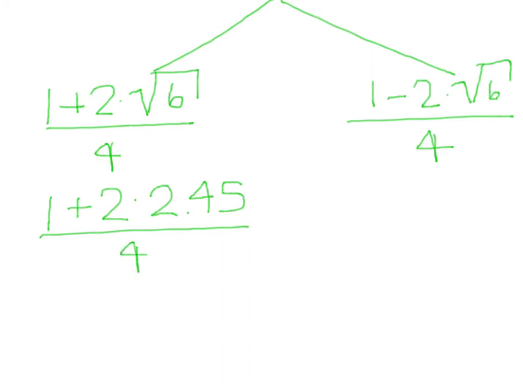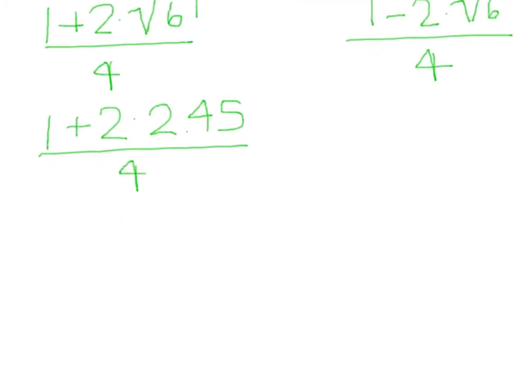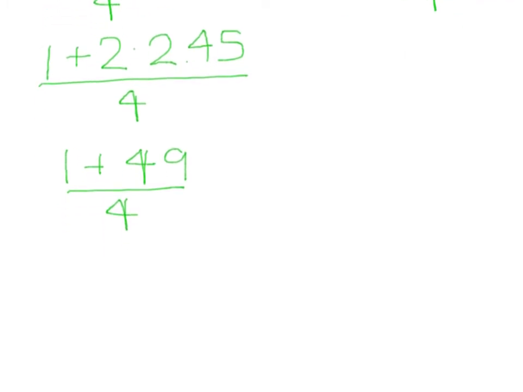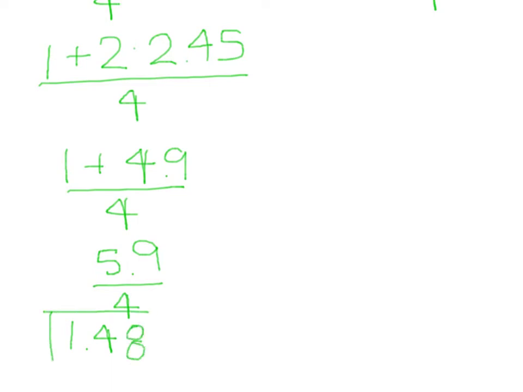Again, following my rules for order of operations, 2 times 2.45 is going to give me 4.9. So I'm going to put 1 plus 4.9 divided by 4. When I add that, I'll get 5.9 divided by 4, and that will give me 1.475, which I'm going to round to the hundredth, and I'm going to put 1.48. This is my first answer.